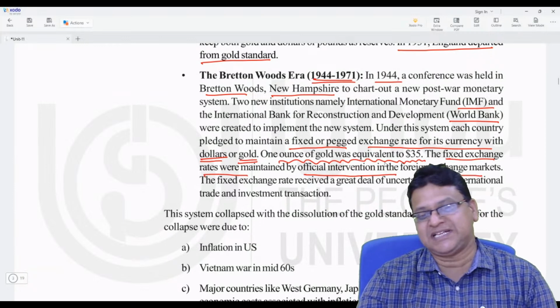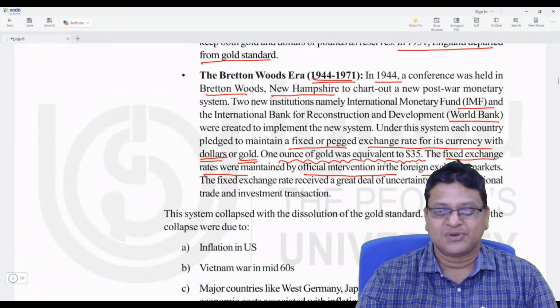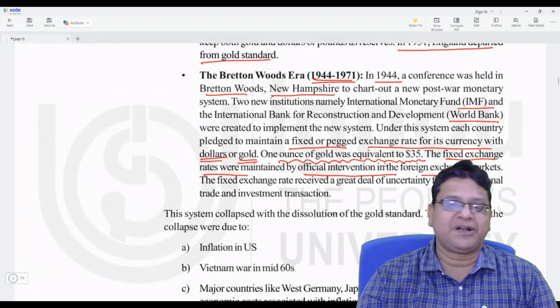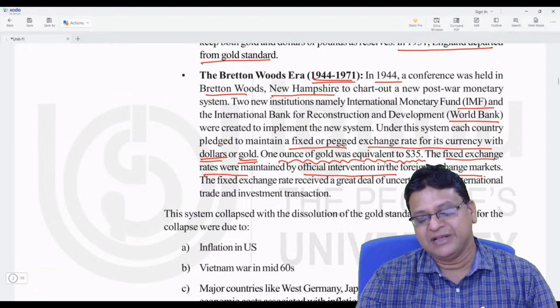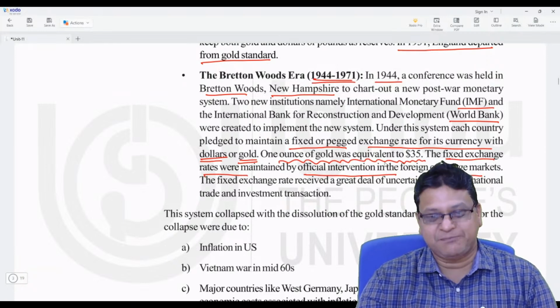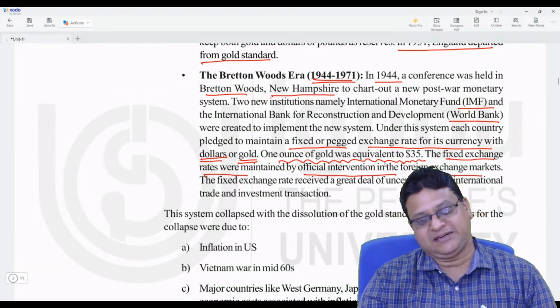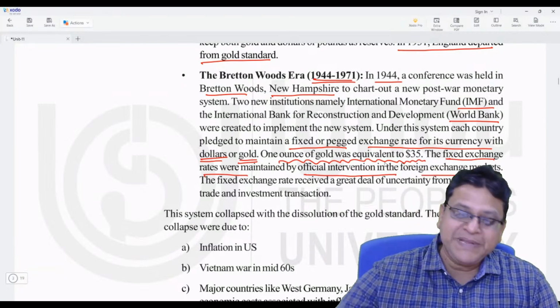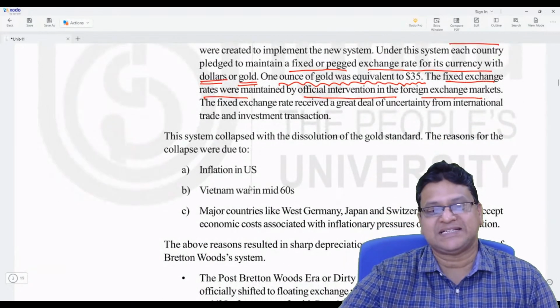The fixed exchange rate was prevalent from 1944 to 1971. Most of the countries were following the fixed exchange rate. They were keeping their reserves in gold or in dollars. The fixed exchange rate collapsed due to the following reasons.